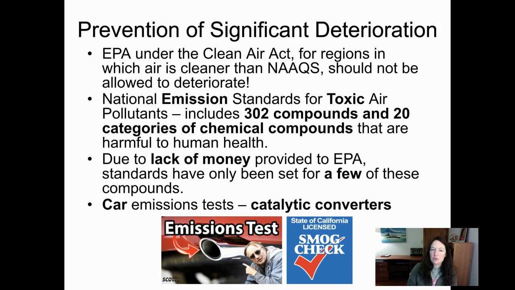So only a few have been set and are enforced by the Environmental Protection Agency. And truly, the enforcement effort completely depends on funding for the Environmental Protection Agency, which varies based on what president you have in office. So the EPA is required to set standards, but they aren't necessarily required to enforce standards unless there's a person in office that believes that that is an important priority.